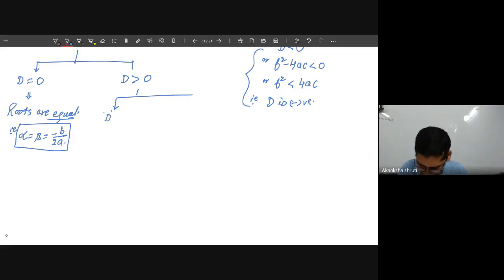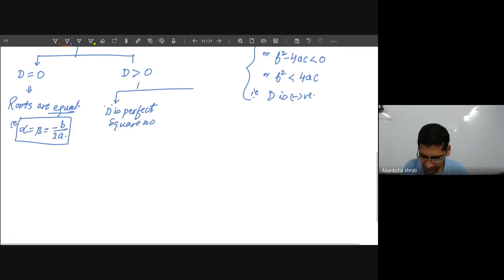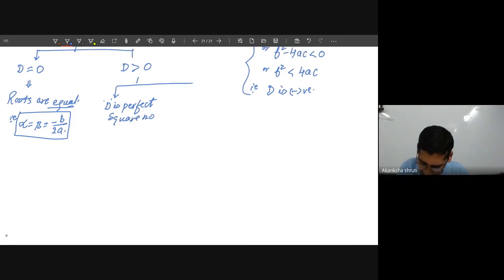Means D is greater than 0, but D is also a perfect square number. And it is possible that D is not a perfect square.